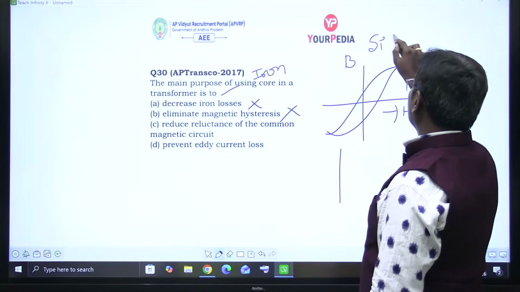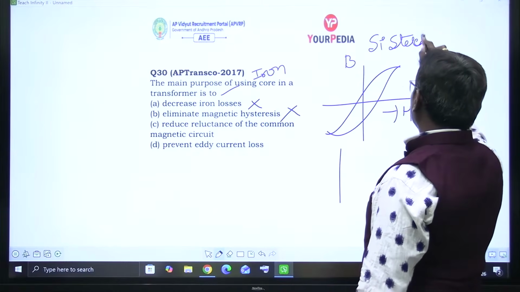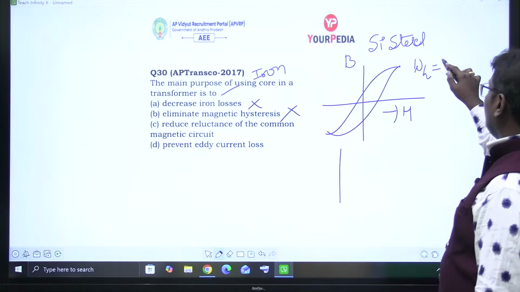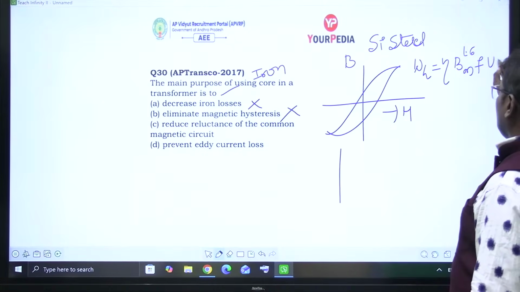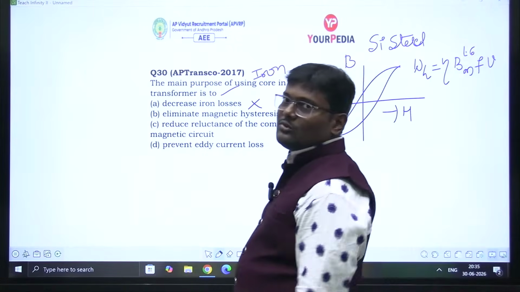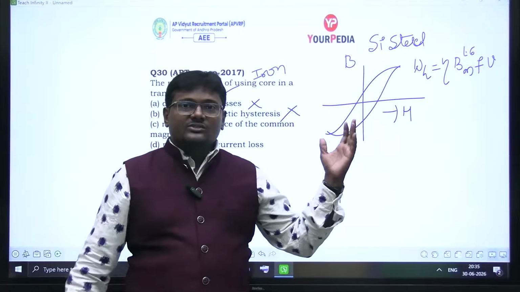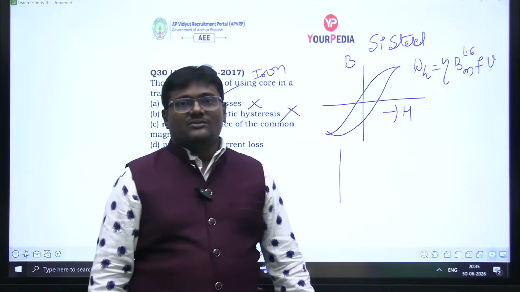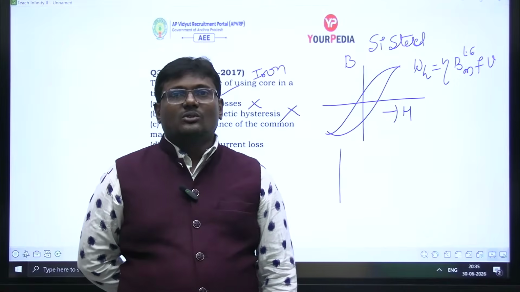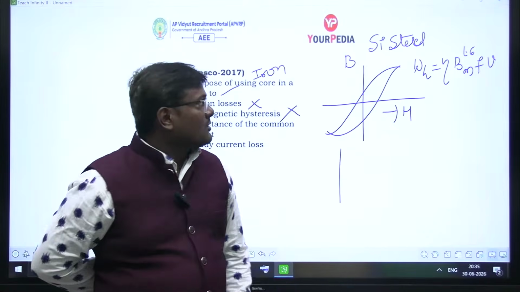For silicon steel, hysteresis loss is equal to eta B max power 1.6 f V, where eta is called the Steinmetz coefficient, B max is the maximum flux density, f is the frequency of the supply and V is the volume of the core.